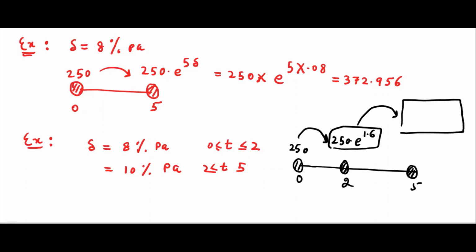This will be 250 e power 0.16 multiplied by e power. Here for the next 3 years, it's 10%. 10% into 3. So 0.10 into 3.